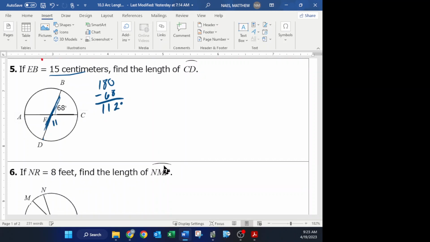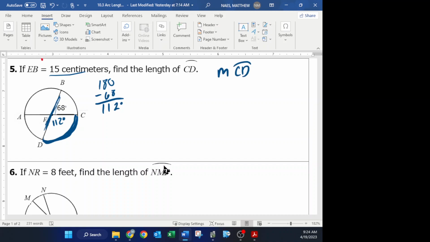So this angle is 112, and now we have enough to find the arc length of CD. Now, I do want to point this out because I haven't brought this up yet: the difference between the measure of CD and arc length of CD.